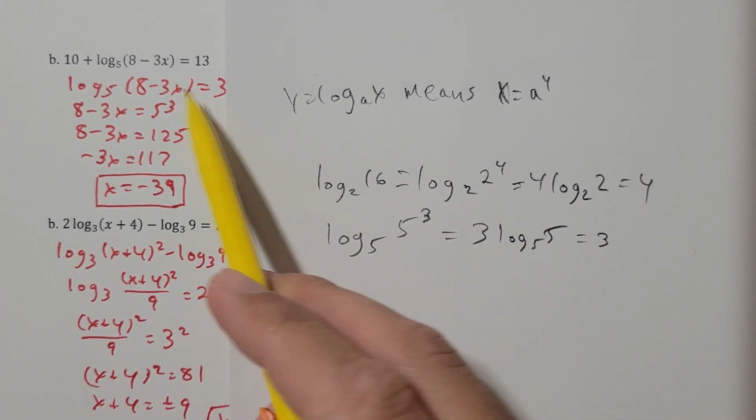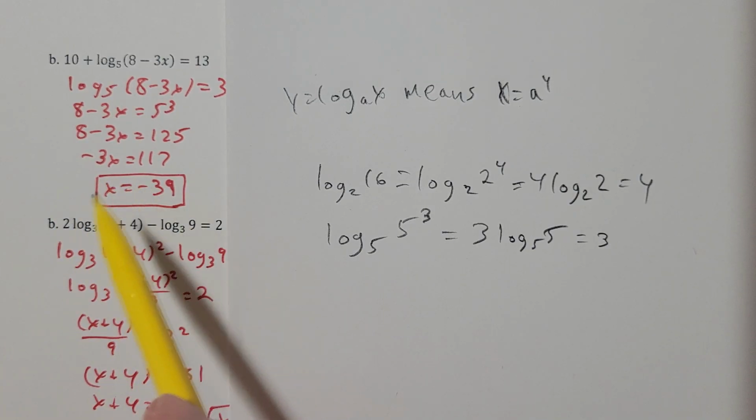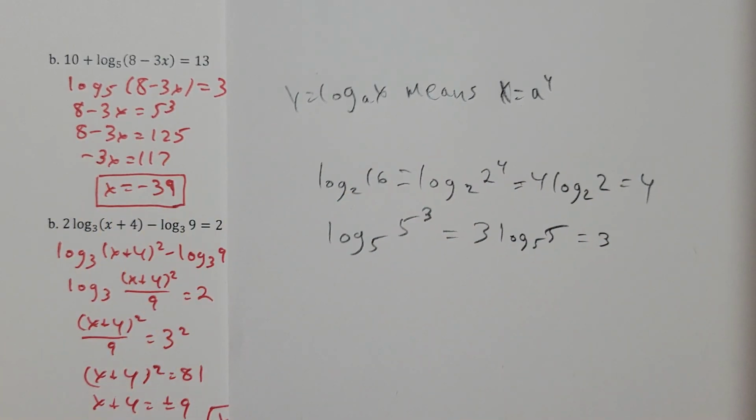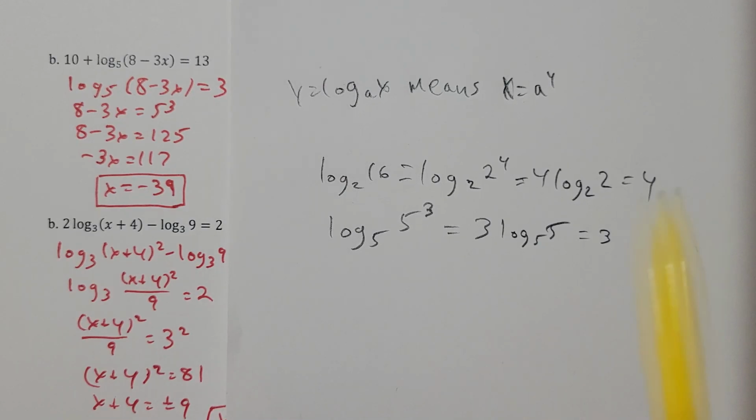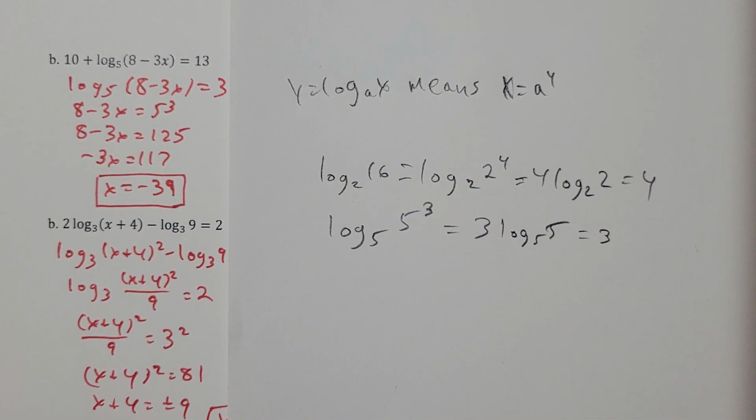And then plus 10. So is 10 plus 3 equal to 13? Yes. So x equals negative 39, that'd be the correct answer there. Now for whatever reason, if I were not getting 13, then I'd cross off that number and there wouldn't be any solutions to this equation.